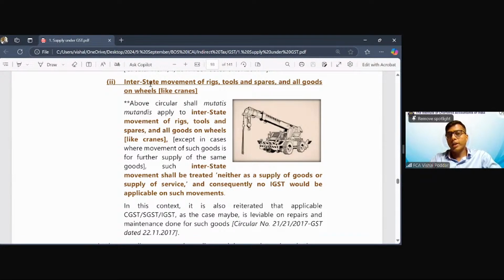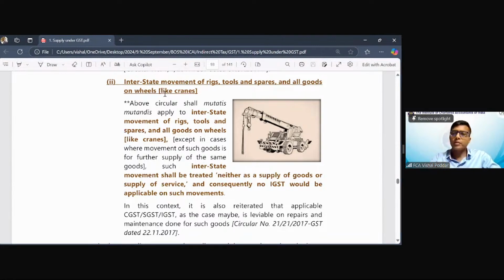Similarly, interstate movements of rigs, tools, spares, and all goods on wheels like cranes. Same thing. I am having different goods on wheels. That is, those things which are goods and which have wheels, so they can travel, like cranes, like your road rollers, like huge machines which can move because they have wheels. Now, again, generally these are used by contractors. So I'm a contractor.